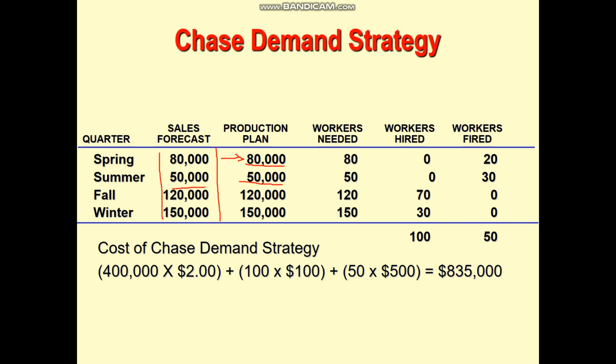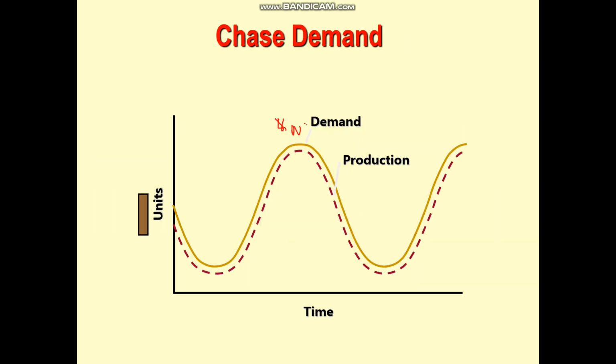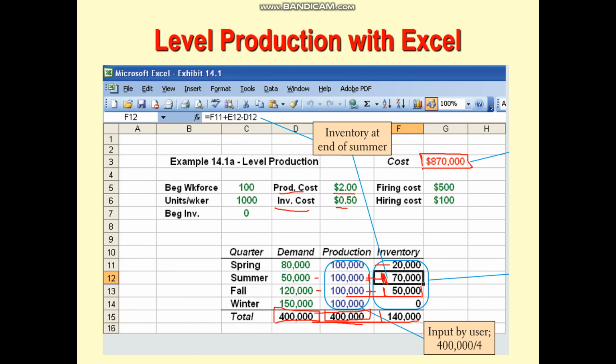So here we can calculate the workers needed to produce 80,000 products, and here we can see that one worker will make 1,000 products, and the initial workforce means we already have 100 workers.